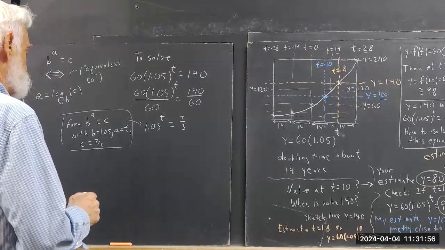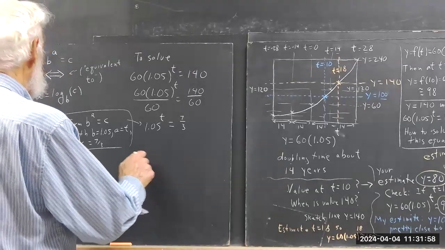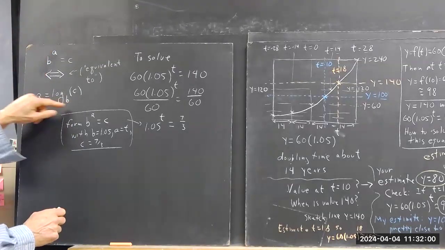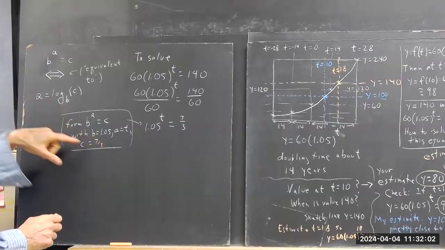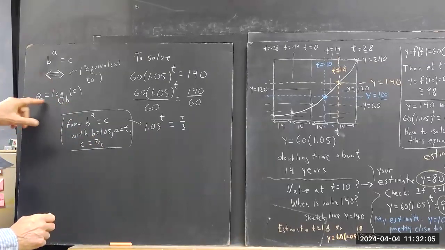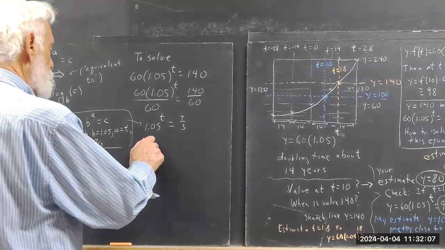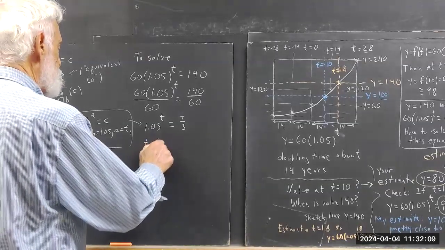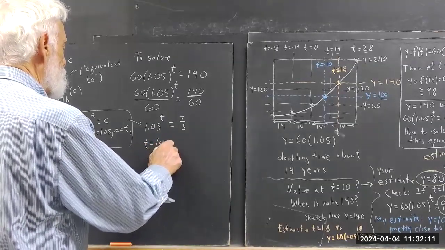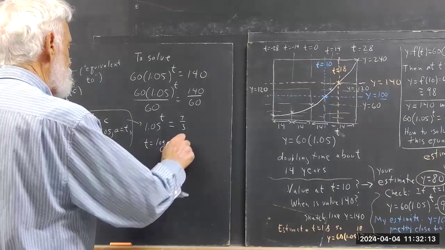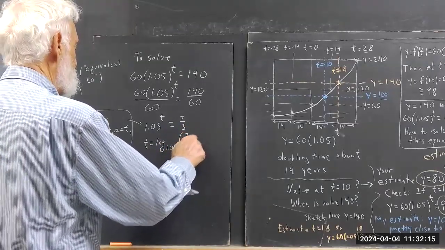So I can write the same thing using the same values, A, B, and C, but in this form. And this form tells me T equals log base 1.05 of 7/3.